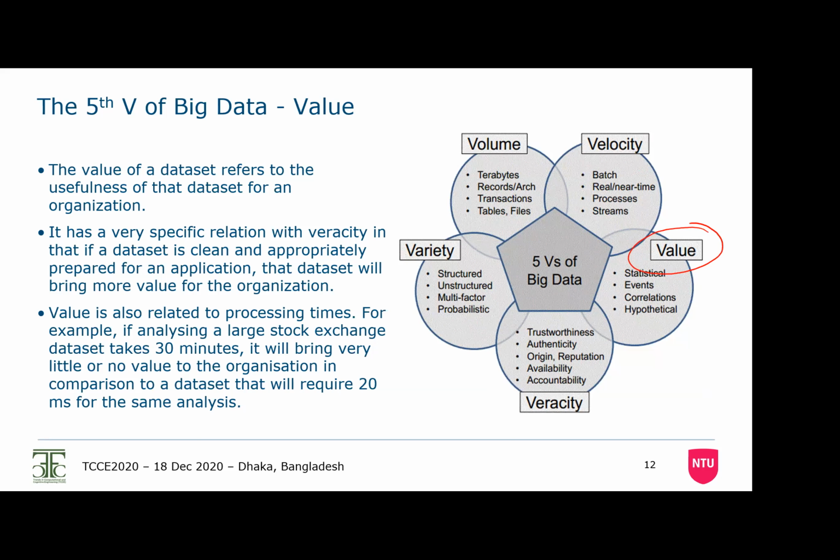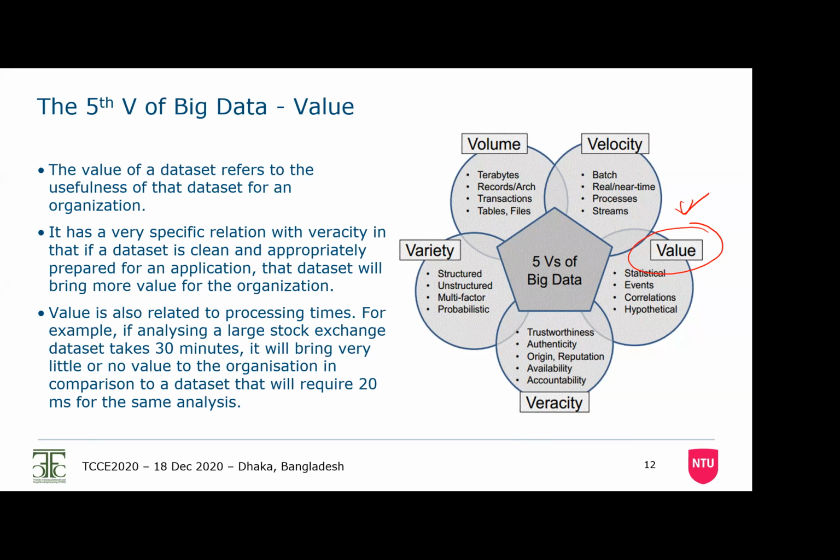Once we have all this data, and we have made sure that all these properties of the data are intact, now we would like to get some useful information or knowledge extracted from this data, and that is what is important. If we cannot extract any knowledge or any useful insight from the data, then the data is of no use. So from that perspective, value is something important.